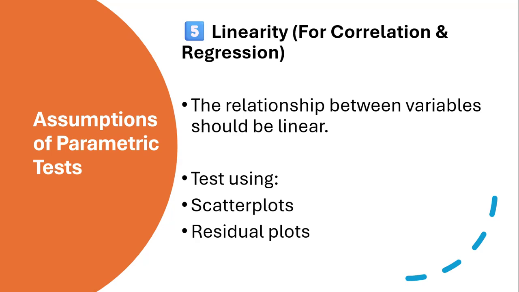That is where you may consider a non-parametric version of it. So if you were going to run a Pearson correlation test, and you observe that the relationship between the variables is not linear, then you have to go for the non-parametric version that we call the Spearman rank test. Okay.